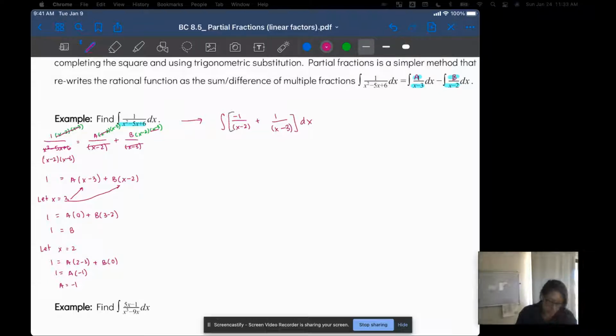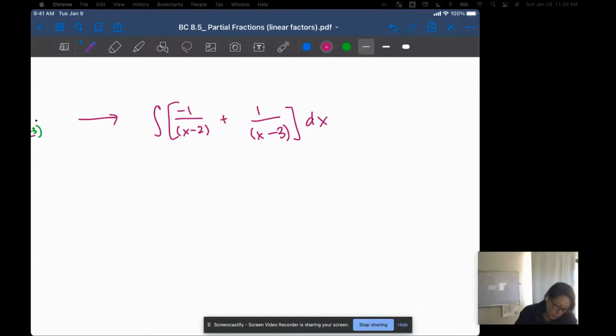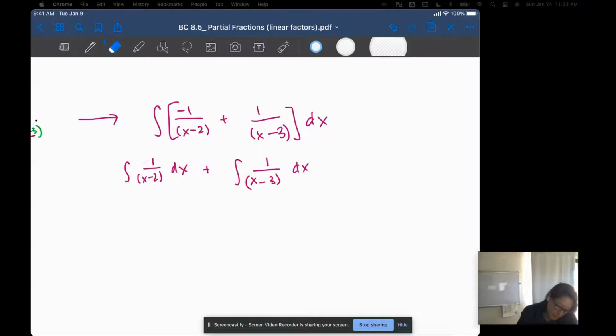And then I will just split those into two integrals: negative 1 over x minus 2 dx plus the integral of 1 over x minus 3 dx. And I can actually pull out this negative to the front.